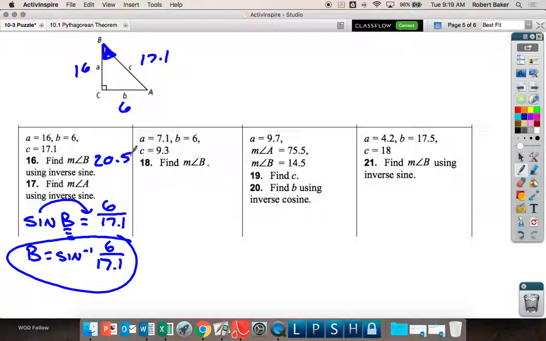Now I have to use sine again to solve for angle A. So if sine is still opposite over hypotenuse, the sine of A is going to be equal to 16 over 17.1.